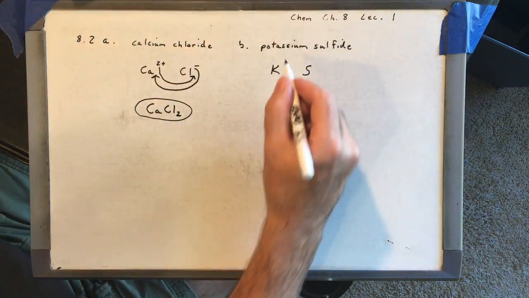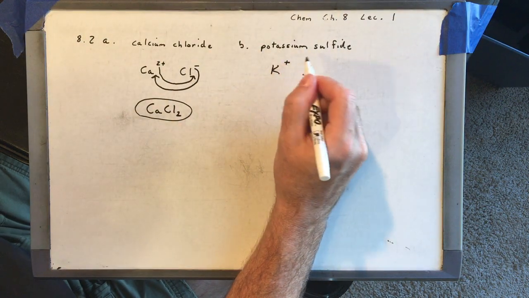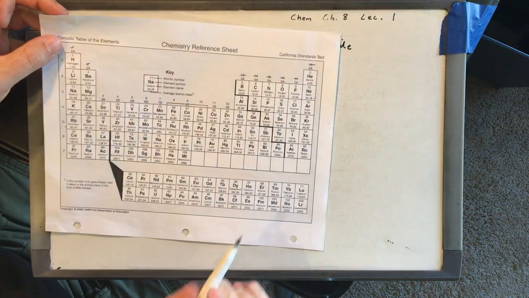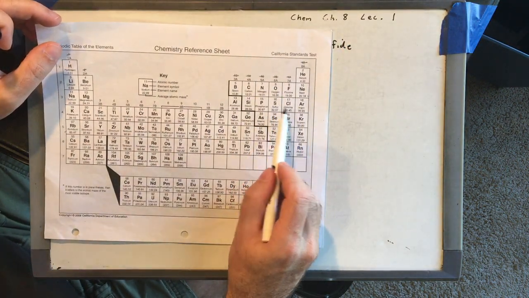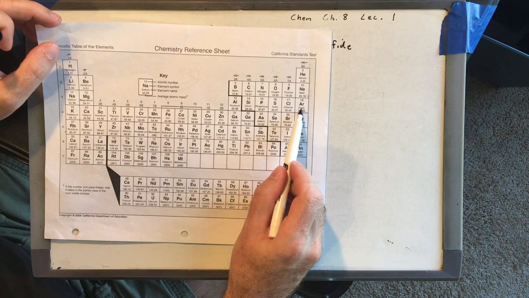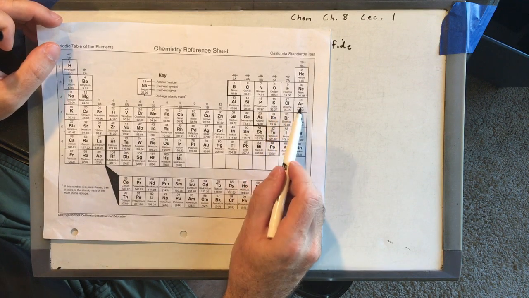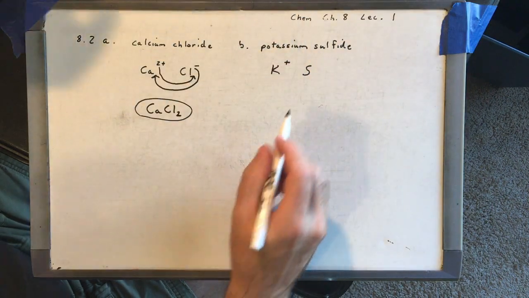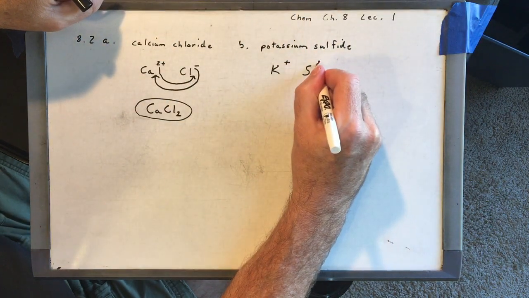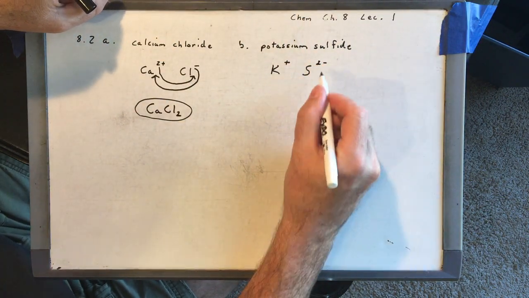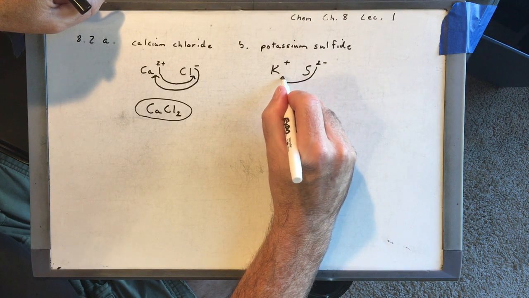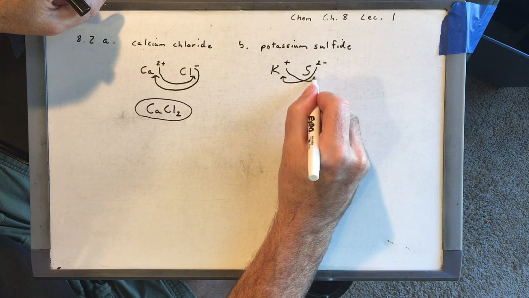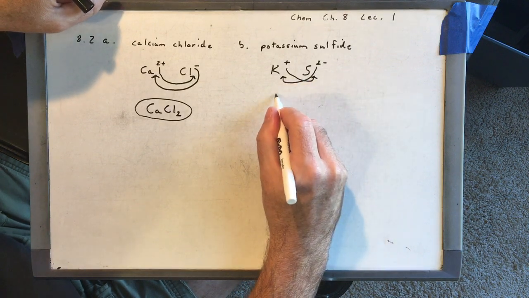If it loses an electron, it'll have a +1 charge. Sulfur is in column 6. It wants to be like argon, with 8 valence electrons, so it has to gain 2. If it gains 2 electrons, that gives it a 2- charge. So we take those superscripts, flip them, and make them subscripts. So you would have K2S.